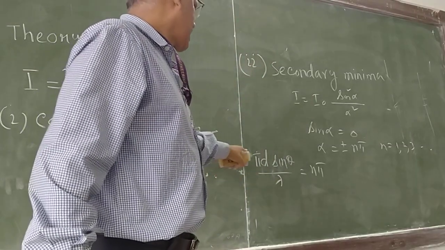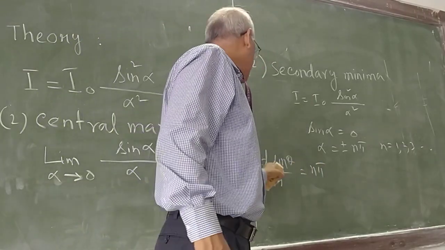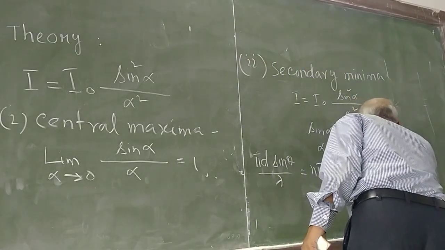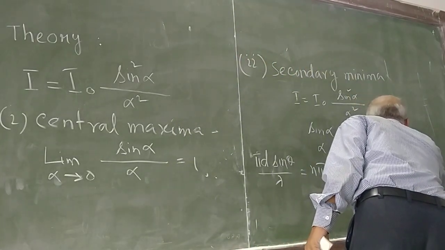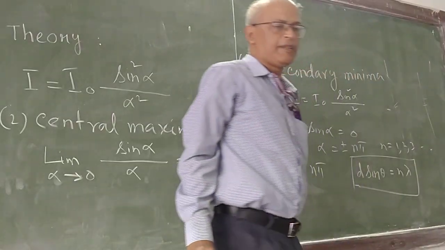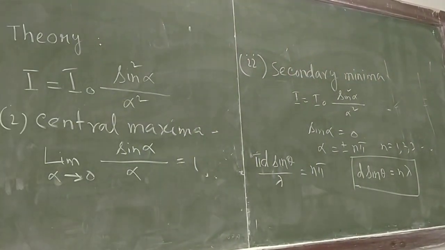In this case, pi will cancel out and we will get d sin theta is equal to n lambda. If you solve, that is sufficient.